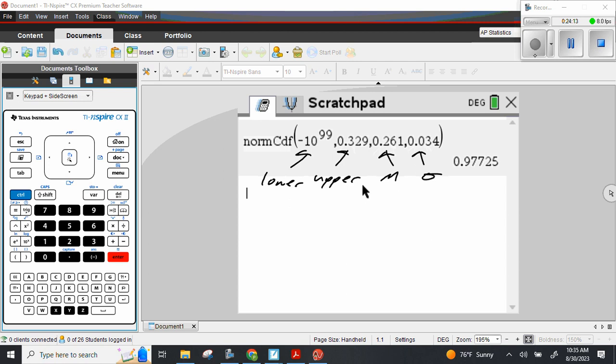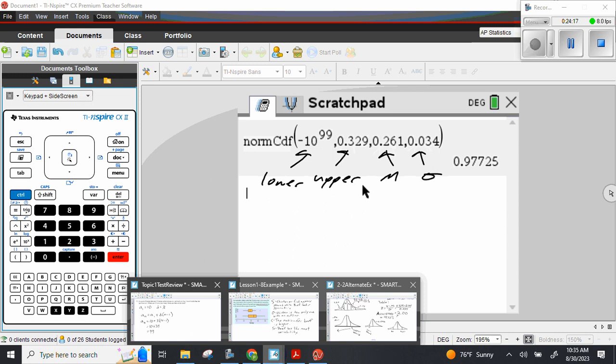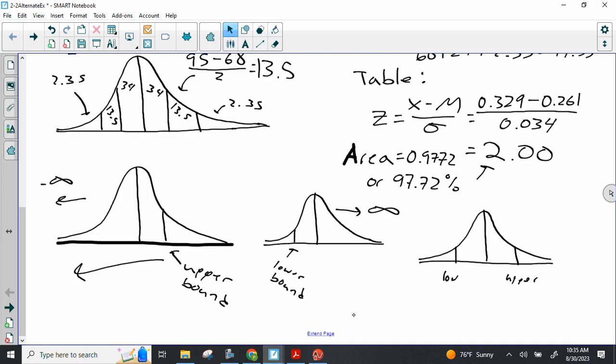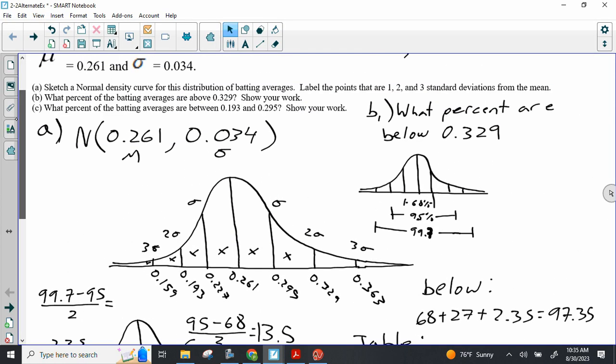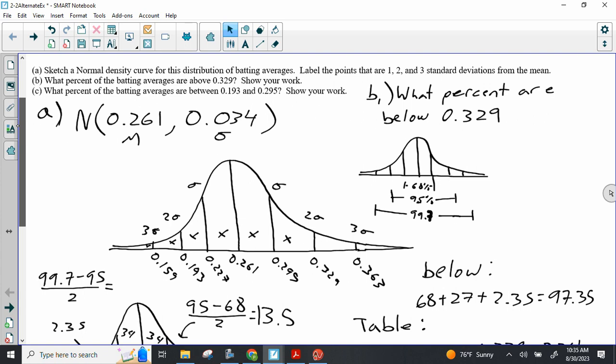Okay. Wow. Are we ready to finally do B? All right. So for the actual B, the ones that are above, I am going to use the table, and I'm going to use the calculator. We're not going to use the empirical rule. Let's go. Above 0.329.